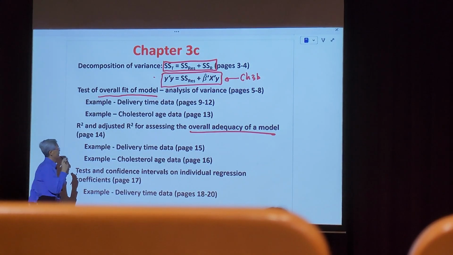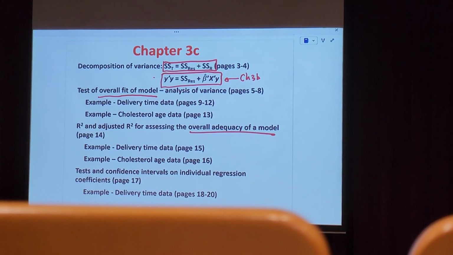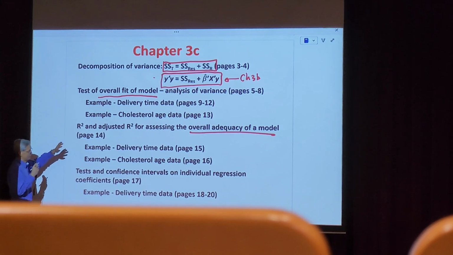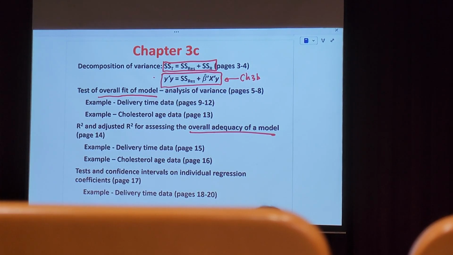So if adjusted R-square is close to 1, then it's a good model. And then finally, after testing the big model, if you find that the model is significant, then you can do tests on individual regression coefficients. I think I will stop here today.